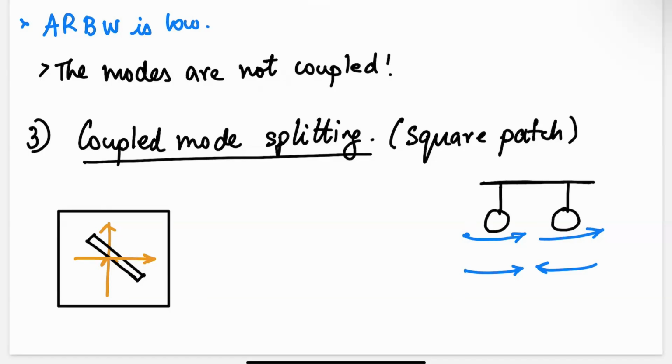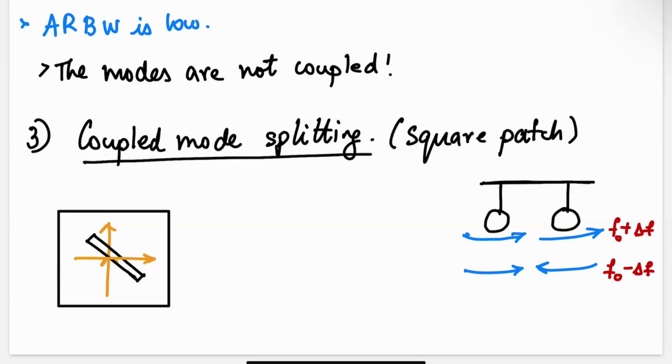And intuitively, I don't know how, but we all know this: when they go together, the frequency is slightly higher than the original resonant frequency. And when they're going towards each other, the frequency is actually a little bit lower. It happens a little faster. So this is called mode splitting. This is a very general thing. It's not only for these kinds of resonators. You can take any two resonators, couple them, and their modes will split.